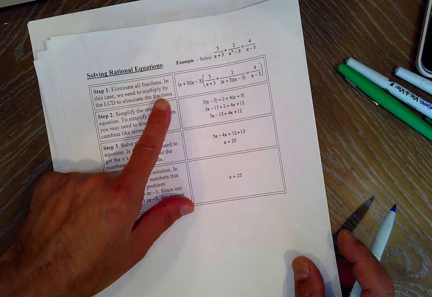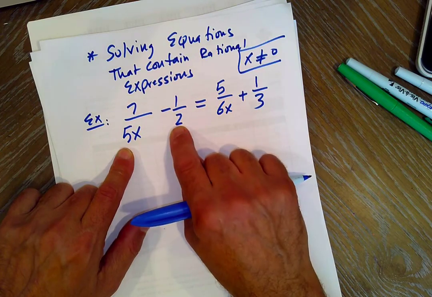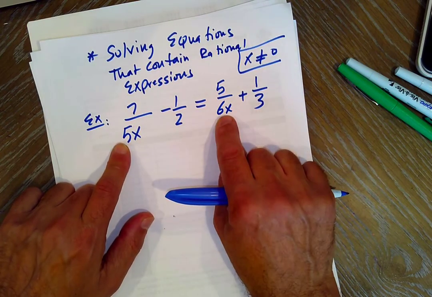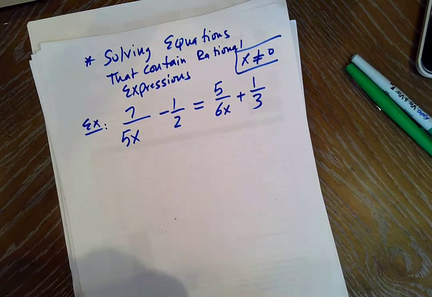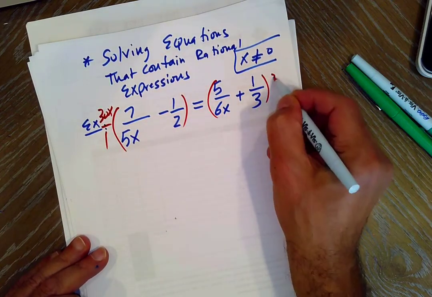So you want to first eliminate all the fractions by multiplying by the LCD. The LCD of 5x, 2, 6x, and 3 is going to be 5, 6, 2, and 3. It's 30. And then we have to include x. So we're going to multiply everything by 30x, on the left and right side of the equal sign.